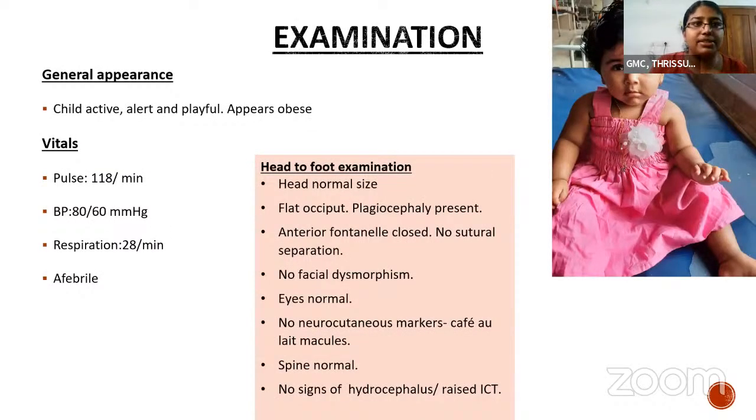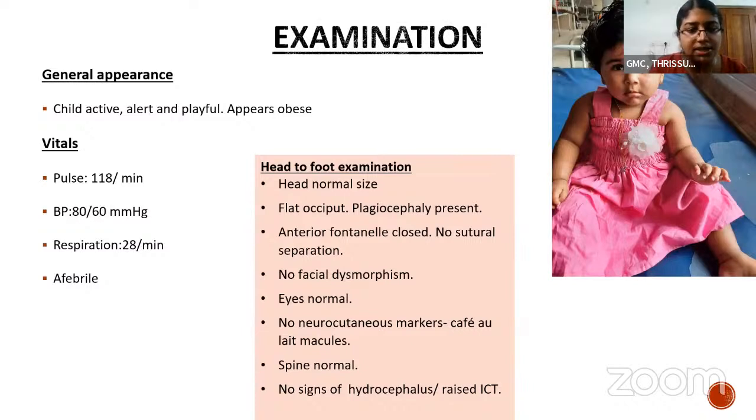Then coming to the examination, general appearance: child was active, alert and playful, appears obese, vitals were stable. Head to foot examination showed head normal size, flat occiput with plagiocephaly, anterior fontanelle closed, no sutural separation, no facial dysmorphism, eyes normal, no neurocutaneous markers or café-au-lait spots.